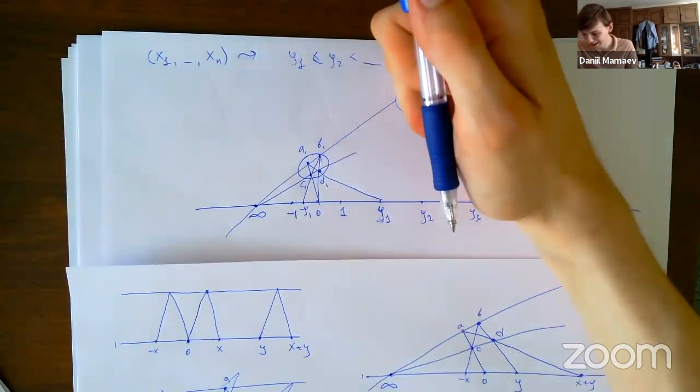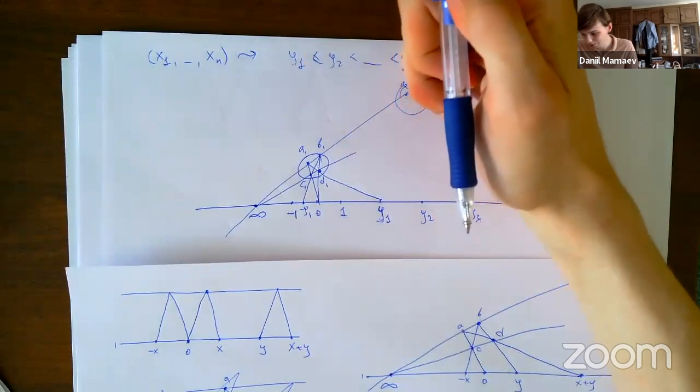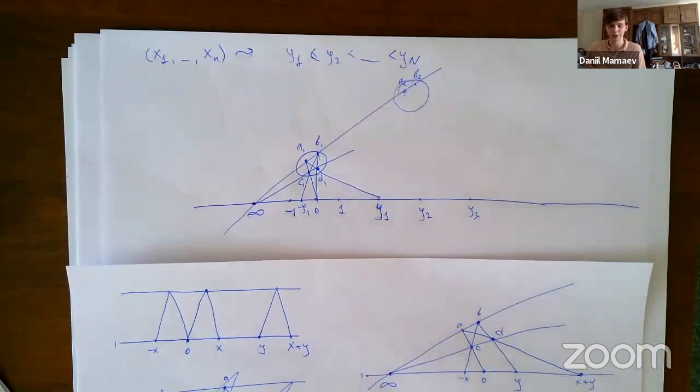So we encode our quadrilateral relation in this point configuration, and we can recover this relation from the point configuration.